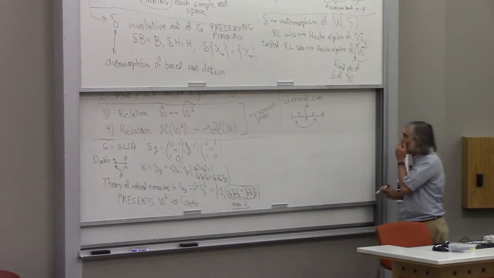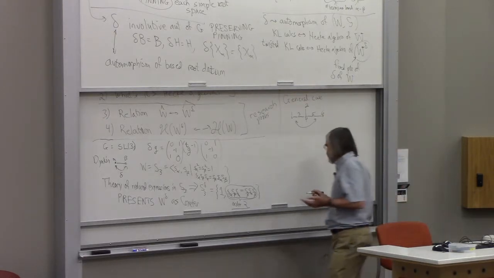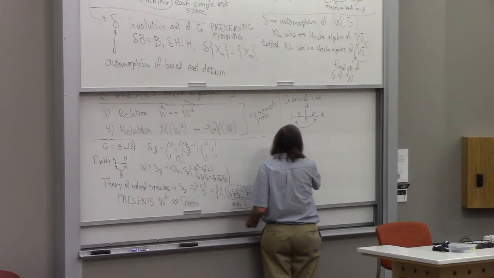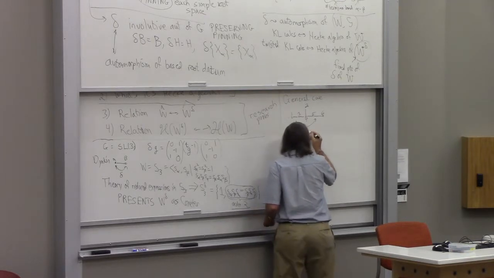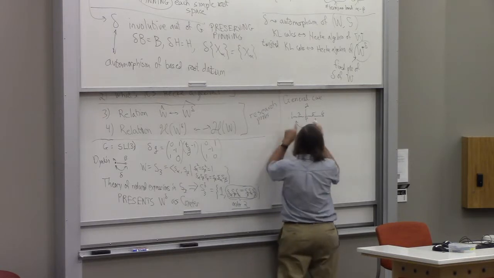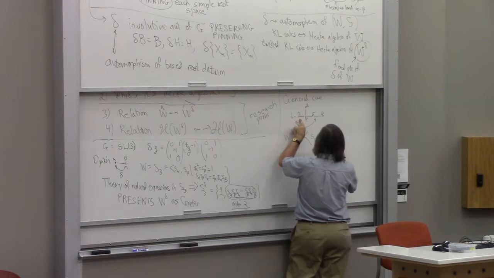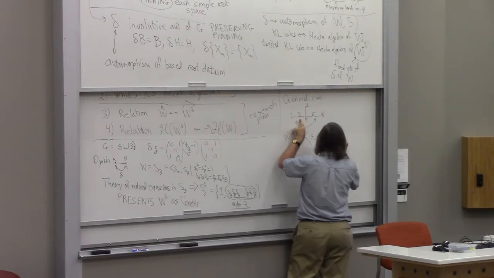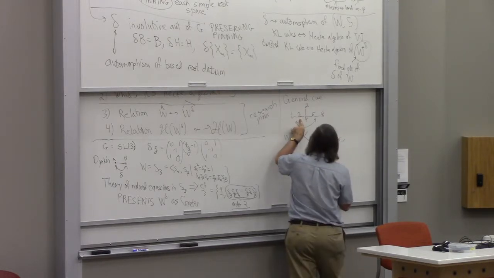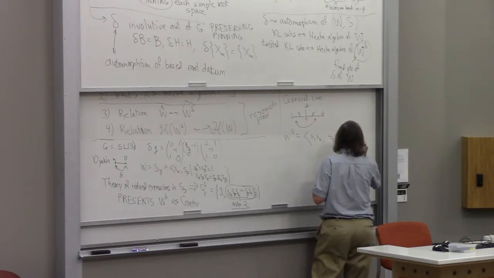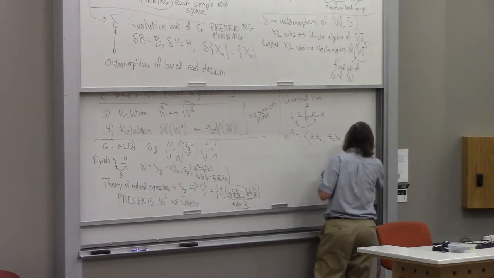Okay. I'll just say that W over delta is generated by the following elements: S1 S6, S3 S5, S4, and S2.